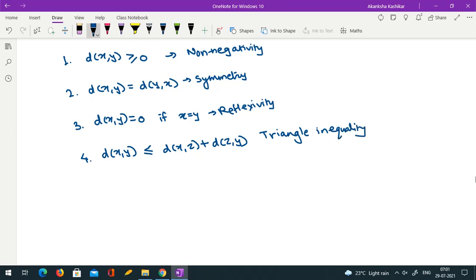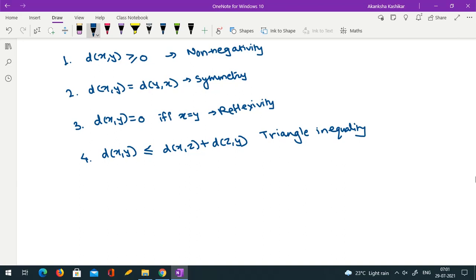Okay. Now one more thing here. You told me distance xy is 0 if x is equal to y. Do I need to add something here? Can it be an equivalence condition?